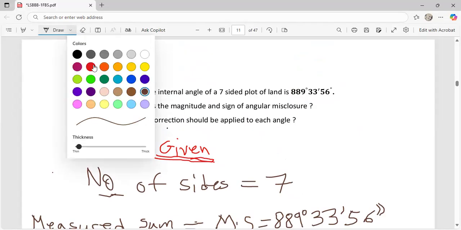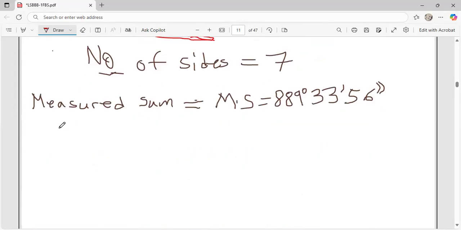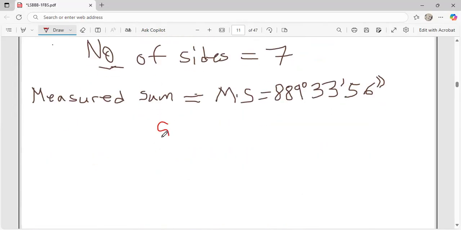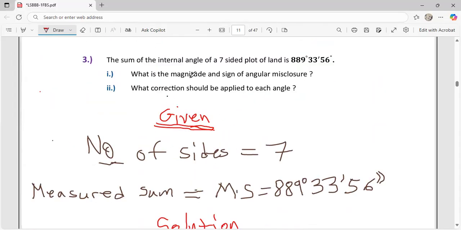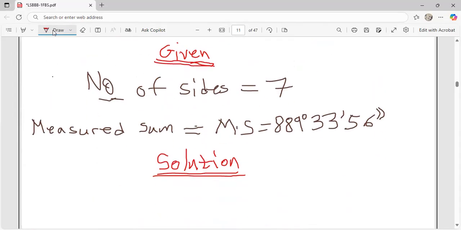So let's quickly move to our solution and see how best we can use that to solve our problem. First of all, they say we should calculate the magnitude and sign of angular misclosure.